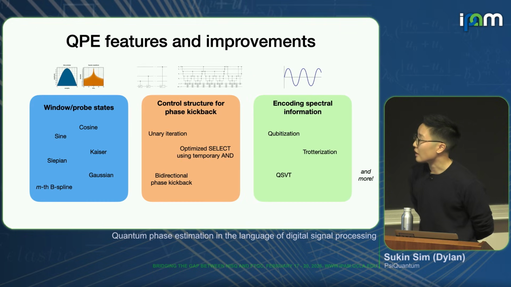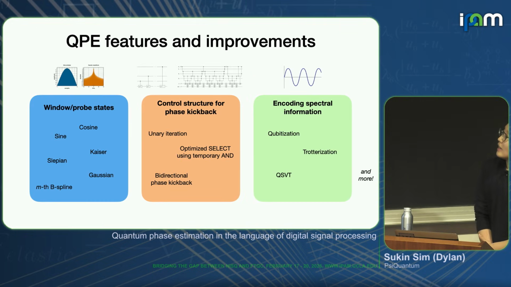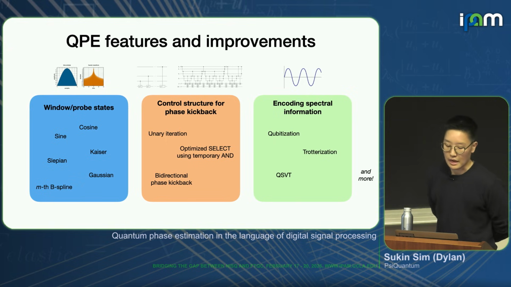And so what are these recent improvements? I only list a few here. Some of these categories include what we call window or probe states, really inspired by signal processing as well as quantum metrology. And people have come up with really clever tricks to compile the controlled powers of U in the middle of the circuit to make it more efficient.